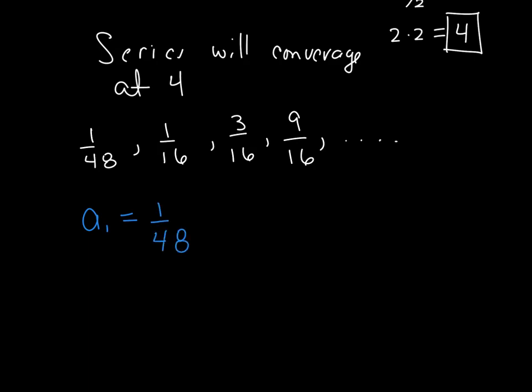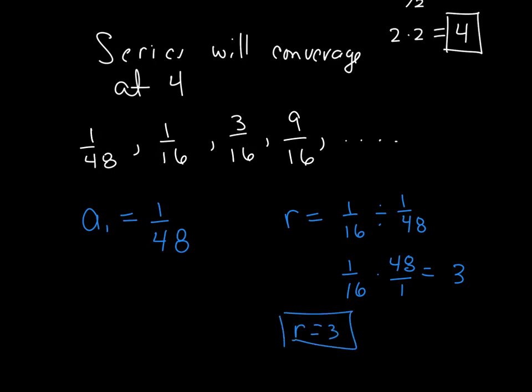Step 2 is to find the ratio. So the ratio here is 1 over 16 divided by 1 over 48, or 1 over 16 times 48 over 1, and you will see that actually equals 3, right? So therefore, because that is 3, this series will diverge, and it does not have a sum.